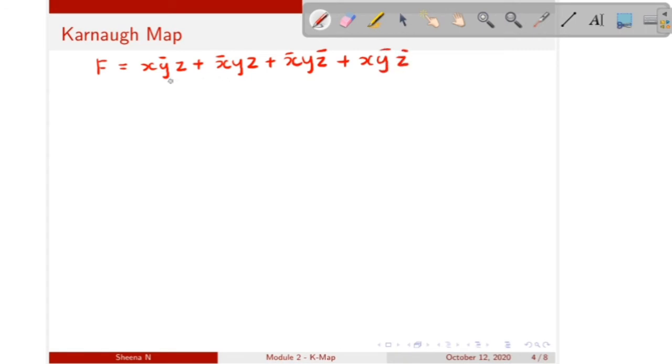Okay, so this is a SOP form. Each term contains 3 literals and is a sum of the min terms. So it is an SOP form. So that means the Boolean function contains 3 variables. So we can draw the K map.